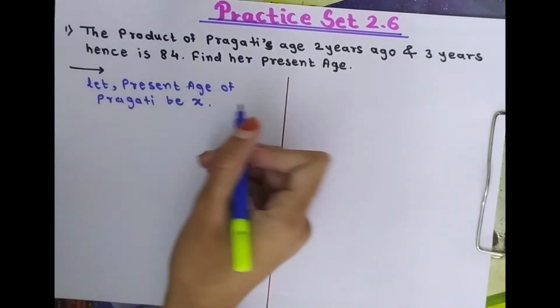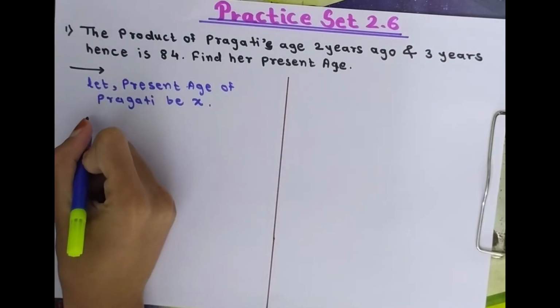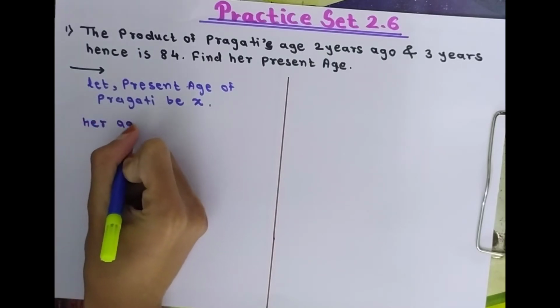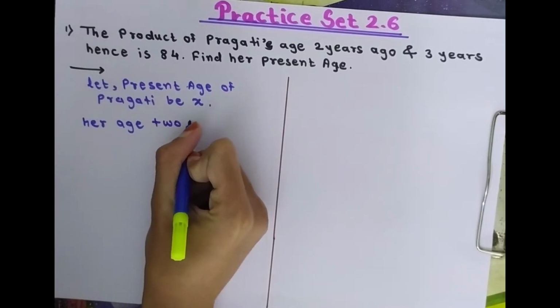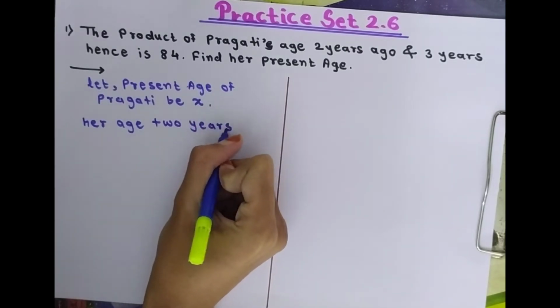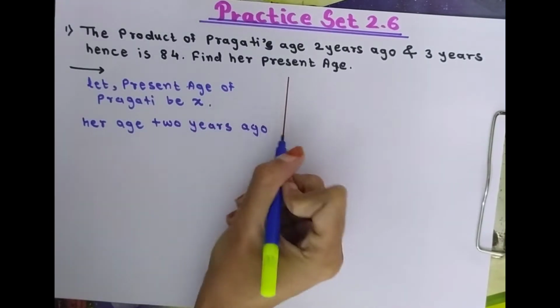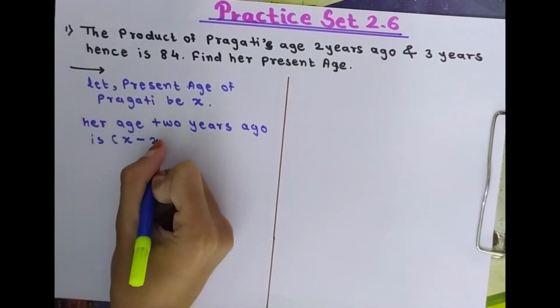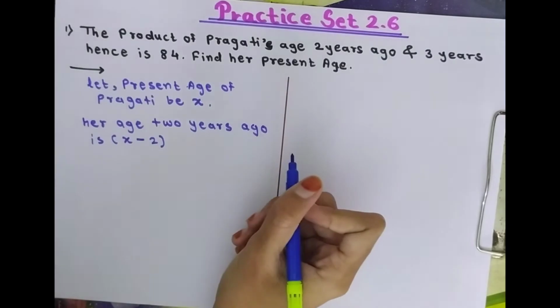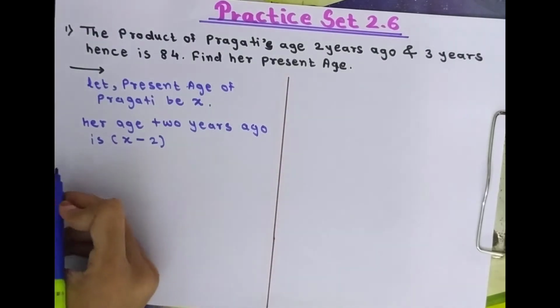So let her age 2 years before be x minus 2. 2 years ago means before. So x minus 2.